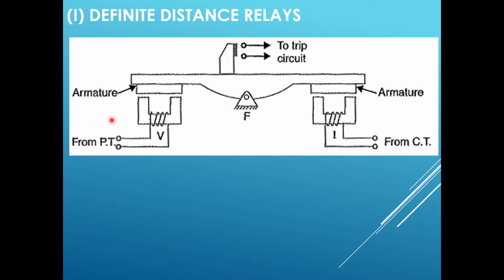On the left side, voltage from the PT is given to this electromagnet, and on the right side, current from the CT is given to this electromagnet.